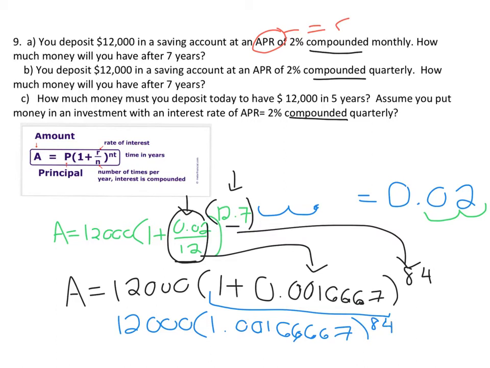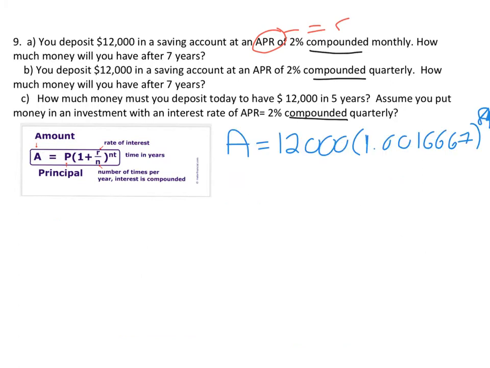Now, in terms of the order of operations, I'm going to do my exponent before, let me move this onto the next screen. Okay, so A equals 12,000 times 1.00166667 to the 84. You want to do your exponent before you do the multiplication.